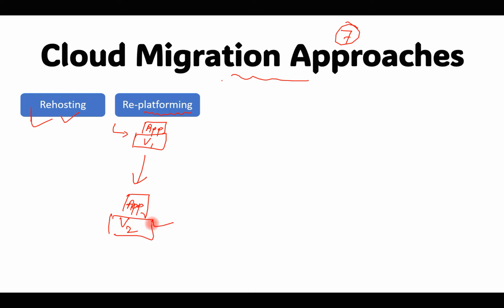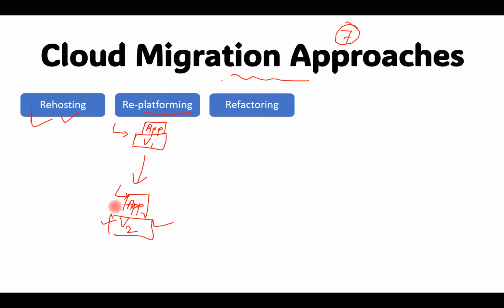So here we are making changes in the platform where we are hosting our application. It might be the case for Windows server as well. So whatever server you are using, you need to make changes in that one, but we are not making any changes in the application. If required, we will change a little bit in the code, but will not touch much in this case.